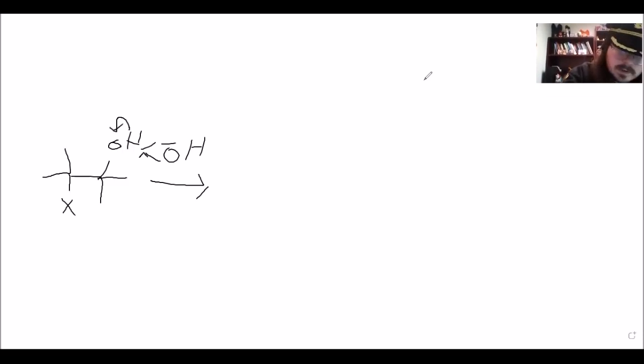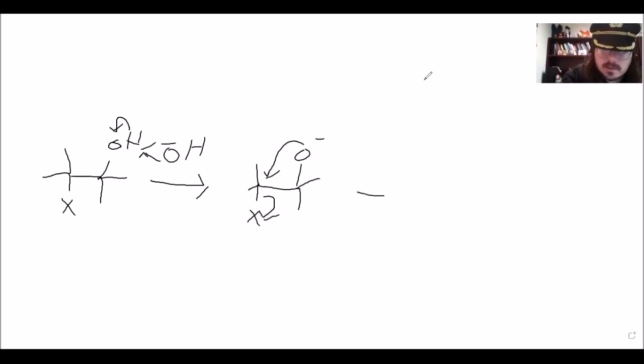So the next step, we have our alkoxy group right next to a really convenient leaving group. The lone pair swings down, attacks the next carbon, and kicks off our leaving group. So that's another way we form epoxides. Like a chlorohydrin plus sodium hydroxide would form an epoxide.